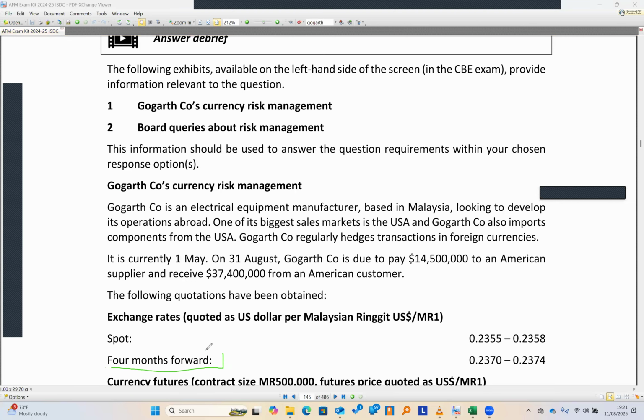But they could have given you another forward rate of like 7 months, then they want you to choose. So don't just be there thinking, okay, whatever they give me, that means that's the period. Just determine how much time is going to pass between now and when that transaction is happening. So 4 months time.